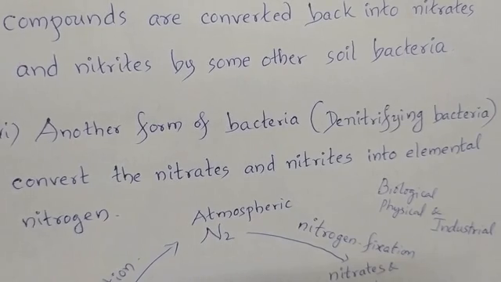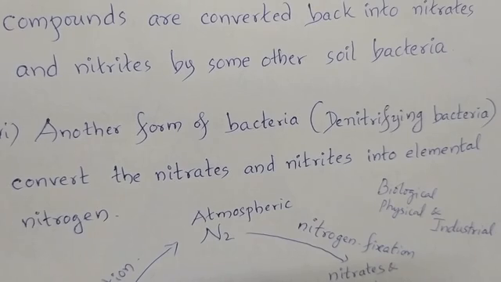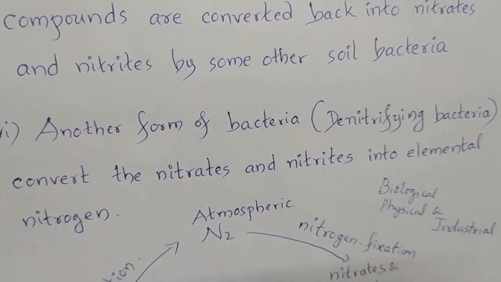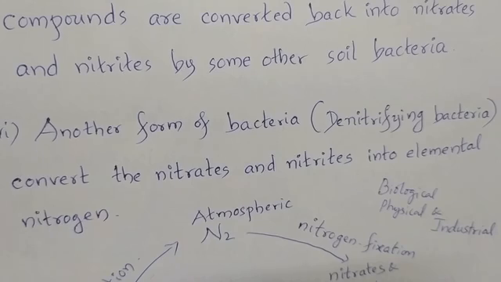After the death of the plants and animals, the dead bodies of the plants and animals are generally added to soil. In plant dead bodies and in animal dead bodies, many nitrogen containing compounds are present. In the soil some special bacteria convert these nitrogen containing compounds from the dead plant and animal bodies into nitrates and nitrites.